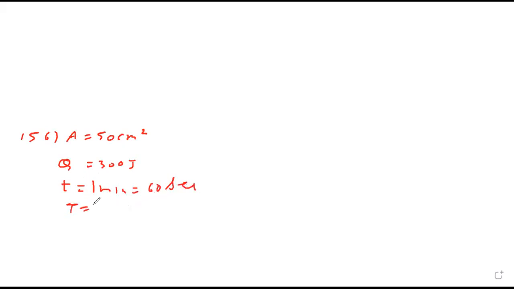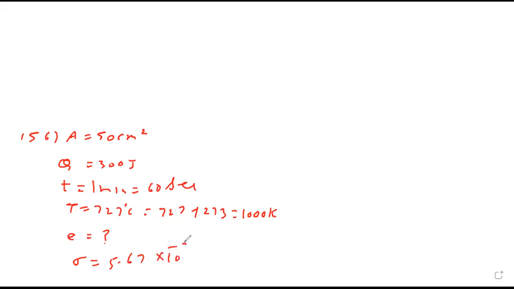At a temperature of 727 degrees Celsius, that means 727 plus 273 equals 1000 Kelvin. The emissivity of the body, that is E, is how much, if sigma is 5.67 into 10 raised to minus 8 watt per meter squared Kelvin raised to 4?